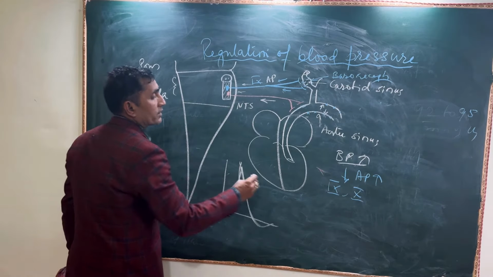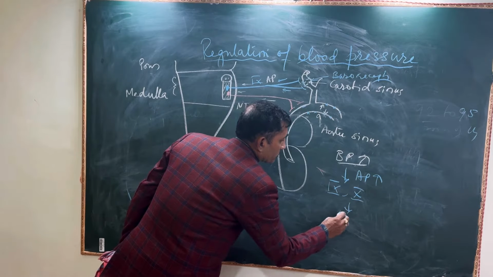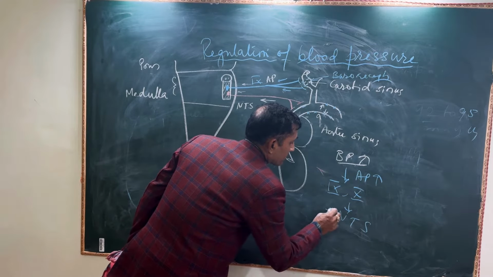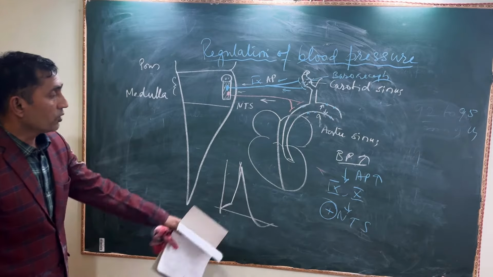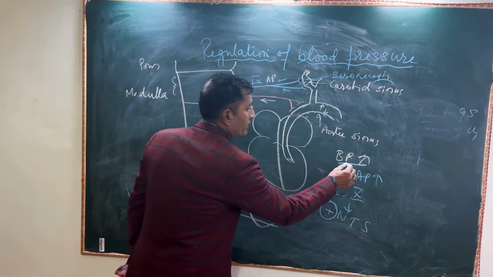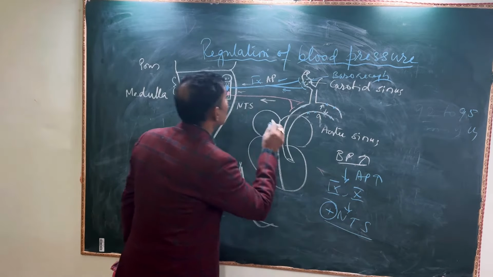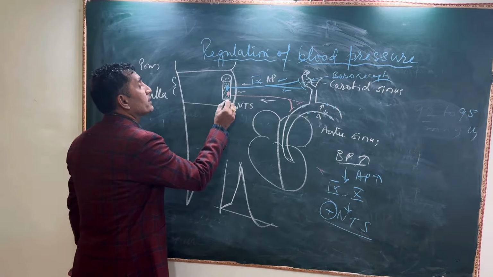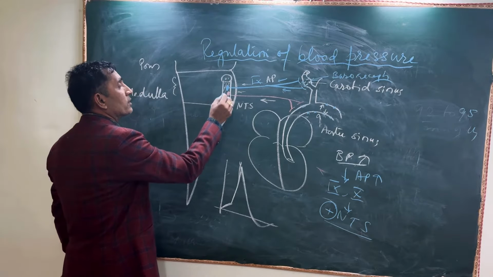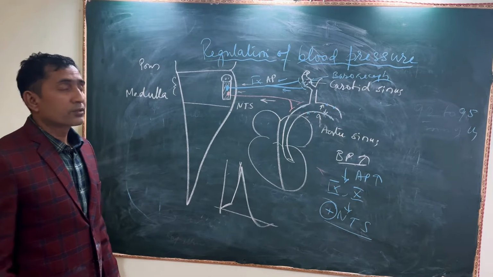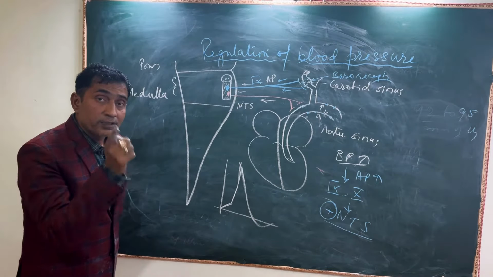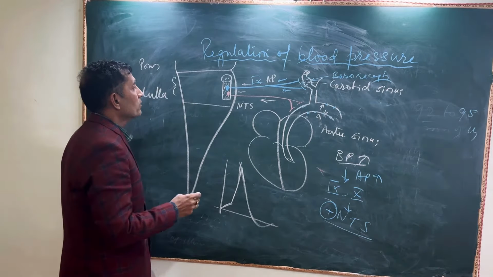This action potential will stimulate nucleus tractus solitarius. So as soon as blood pressure is increased, there is a stimulation of nucleus tractus solitarius. This sensory area will be stimulated.